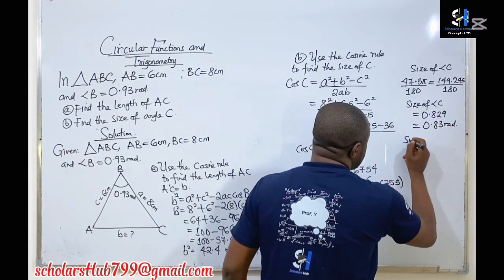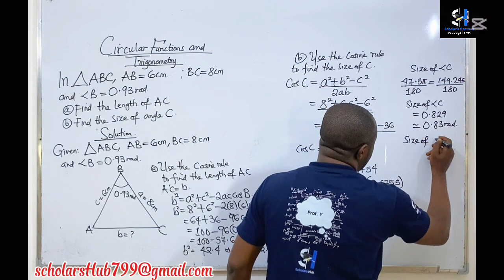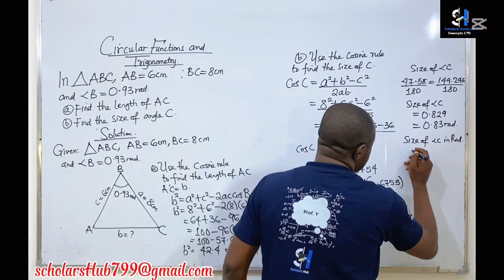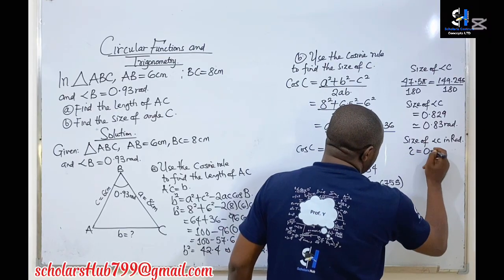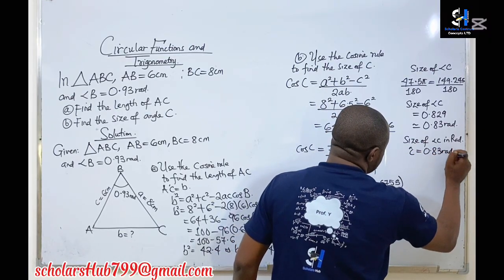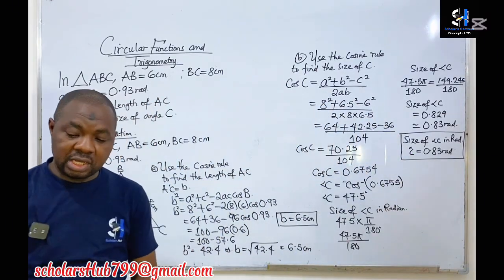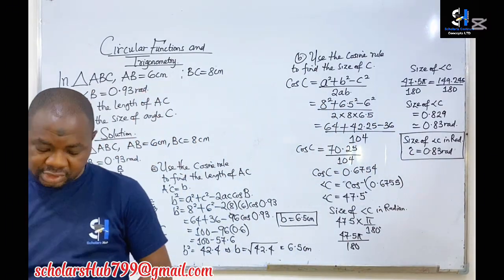Which means the size of angle C in radians is 0.83 rad, and that is the value for the size of angle C in radians.